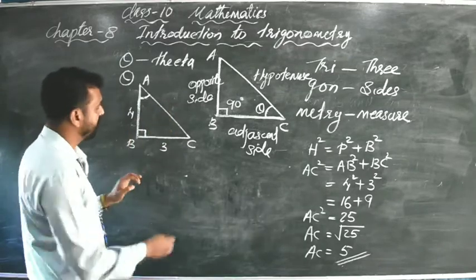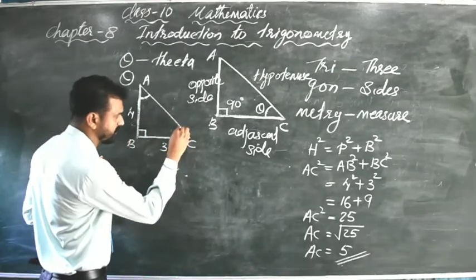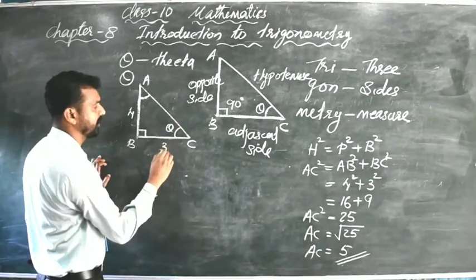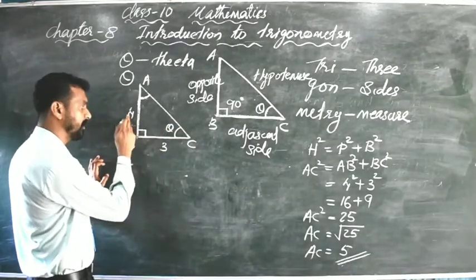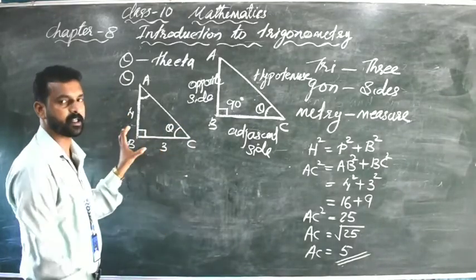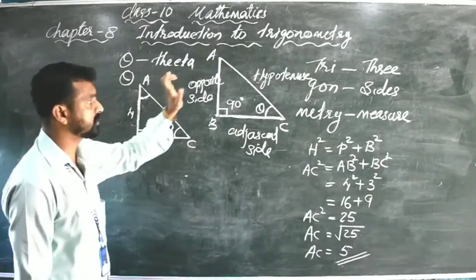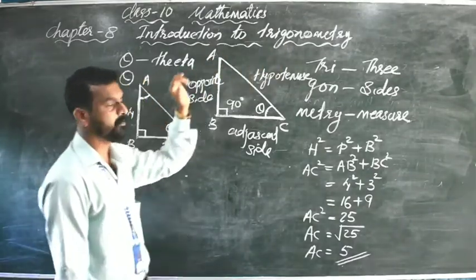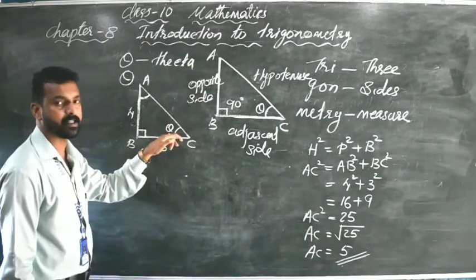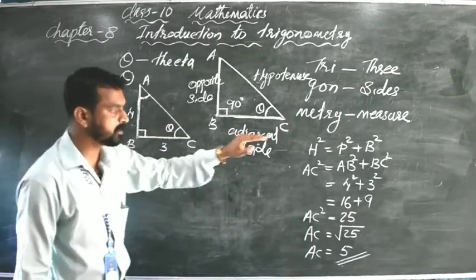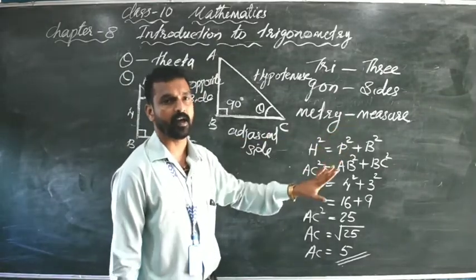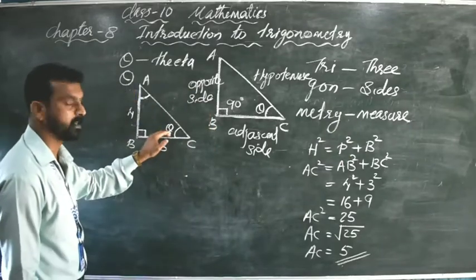Only for that we use the Pythagoras theorem. But using trigonometry, we can find out the acute angles also. If we know any two sides of a right angle triangle, by using these trigonometric ratios we can find out the angle theta. That is the difference here. Using the Pythagoras theorem, we cannot find the angle, but here we can.